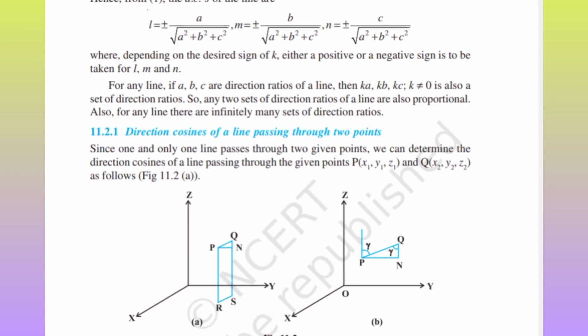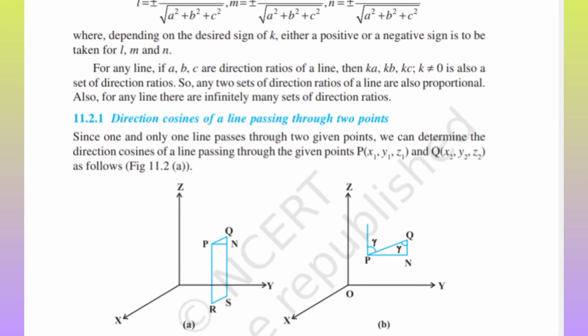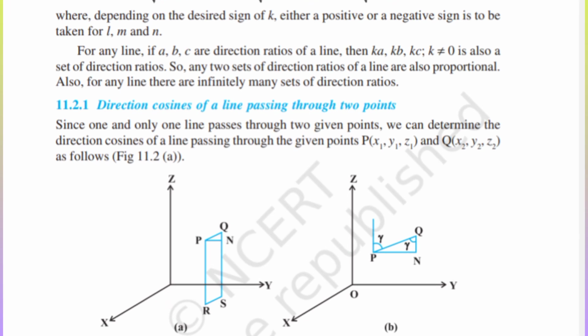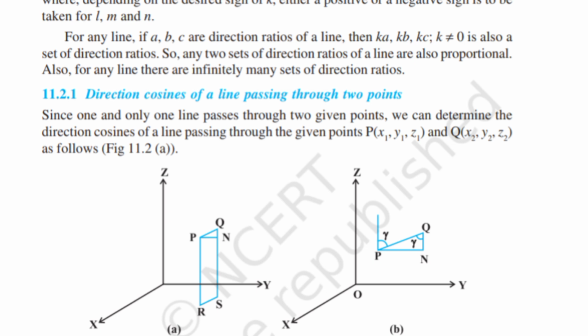For any line, if a, b, c are direction ratios of a line, then ka, kb, kc, k not equal to 0, is also a set of direction ratios. So any two sets of direction ratios of a line are proportional. Also for any line, there are infinitely many sets of direction ratios.